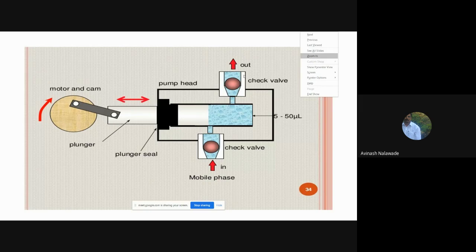This is the motor by means of which the piston is moving back and forth like this. So here the mobile phase comes in and the mobile phase goes out, and that is driven by this piston, which is driven by the motor.